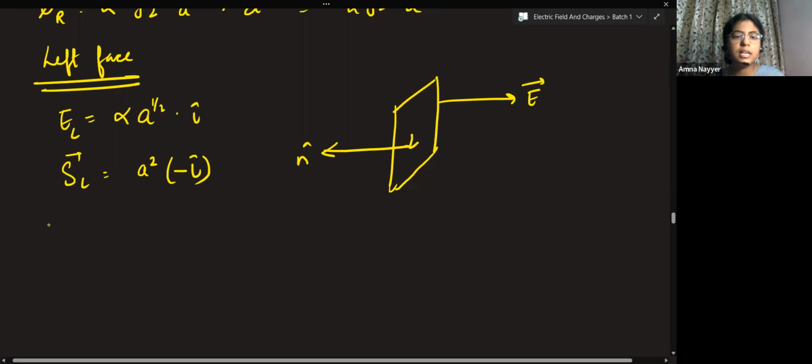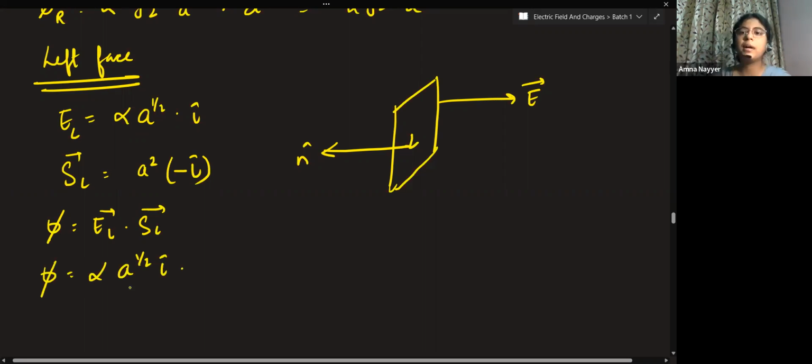So now the net resultant flux will be E_L dot S_L, the dot product of these quantities. So what is E_L? E_L you have as alpha a to the power half i cap, multiplied with the surface area, A square minus i cap.